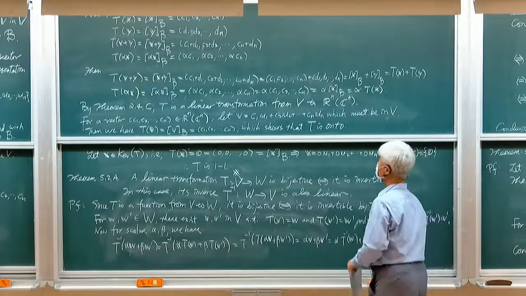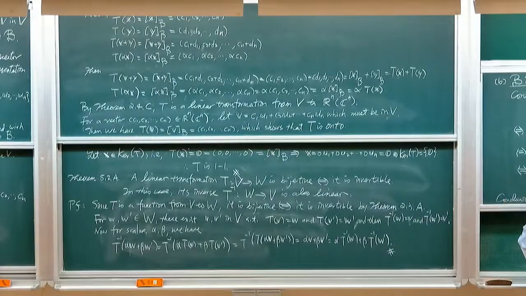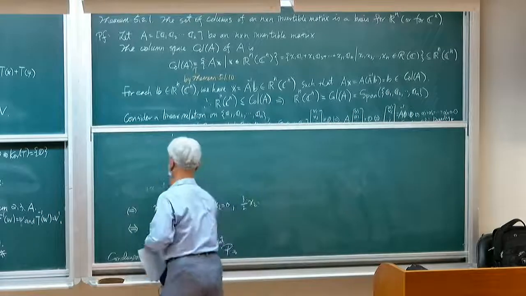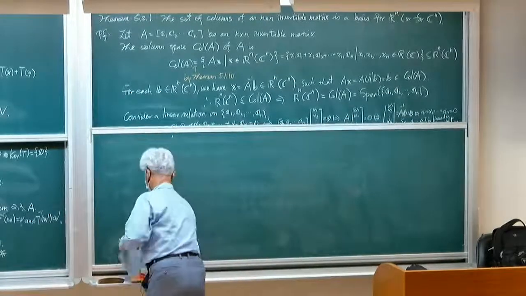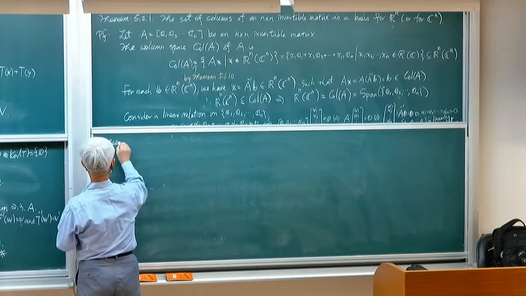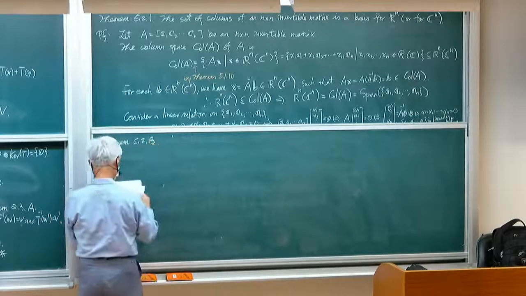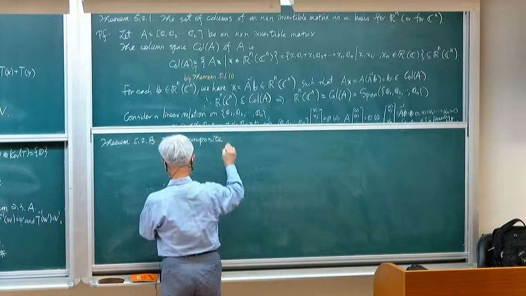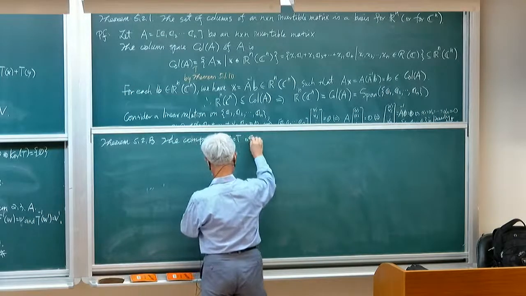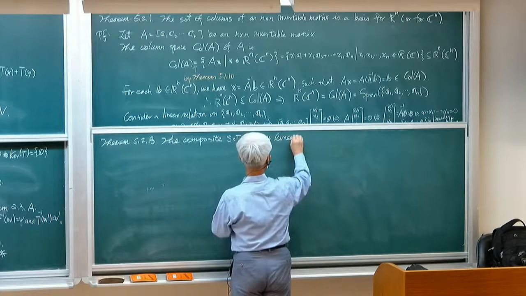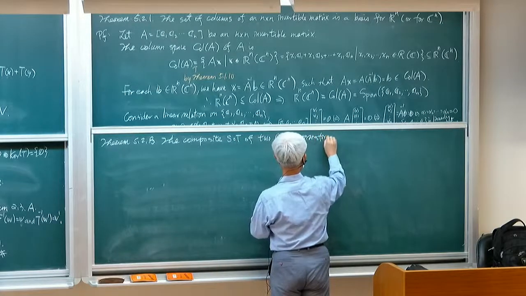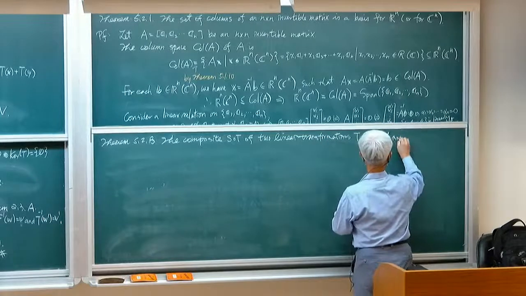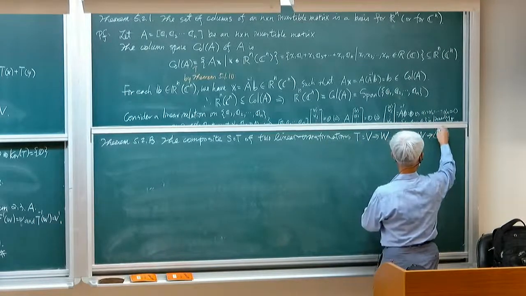All right. The second supplementary theorem says that the composite S composite T of two linear transformations, T from V to W and S from W to U, is also linear.